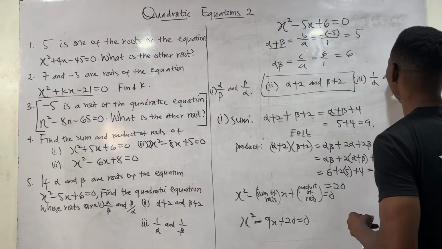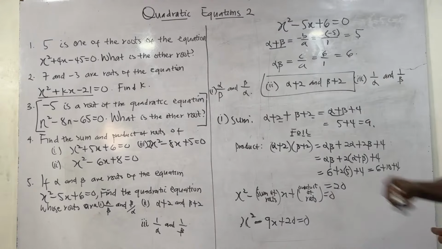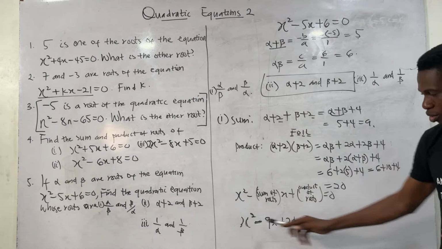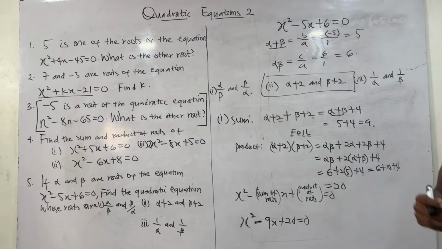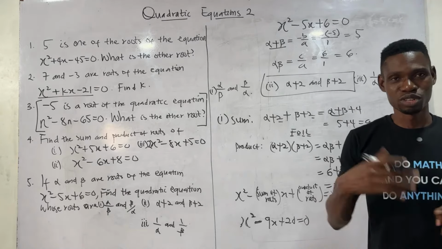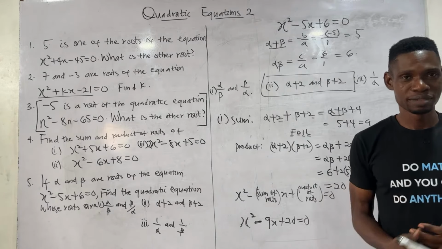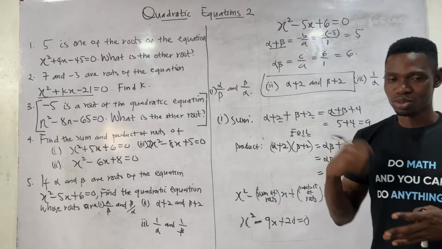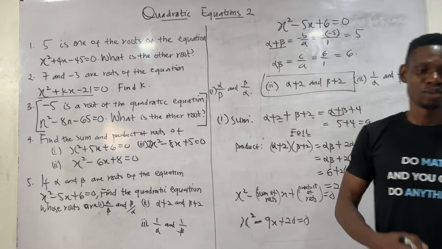So we've solved this already. This is our new equation. Now you want to solve this and give us another equation. So let's go. I'll give you 60 seconds only to just try it out. You see, you learn mathematics by doing. So no matter how much you watch me teach, if you do not practice it, you have not understood it well. So try to do this quickly and then we'll proceed.